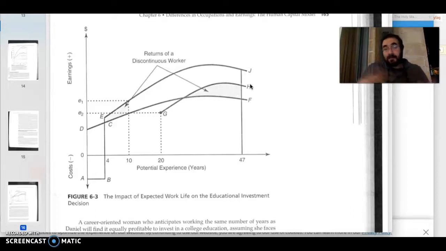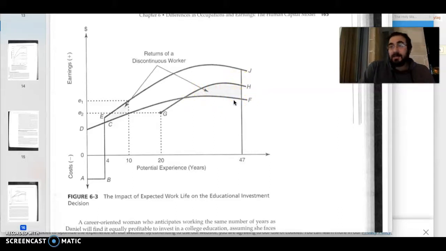In that case, the benefit is large, but assuming, for example, a woman will have a certain period between years 4 and 20 outside of the labor market, probably because they have a child and need to care for the child, and then start getting into the labor market again, as you see, the difference representing the gain is much smaller.